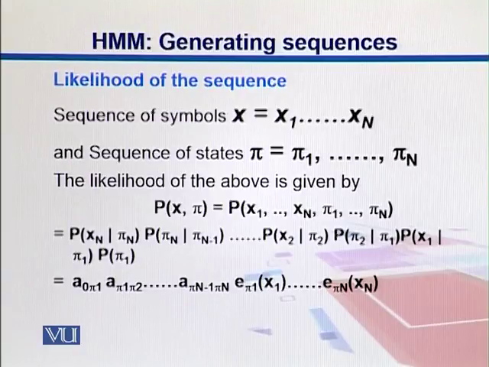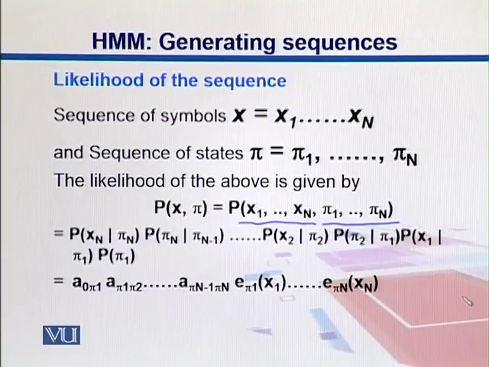We have the sequence of symbols X and the sequence of states, and the likelihood is given by P of X and pi, which is actually the joint probability, the presence of both of them together. In the probability equation we have both. Here we have the probability x1 through xn, coupled with the path or sequence of states pi 1 through pi n. We can put the Markov chain property in this equation.